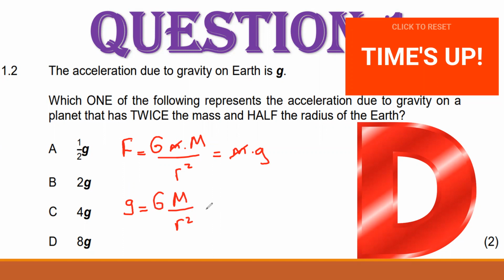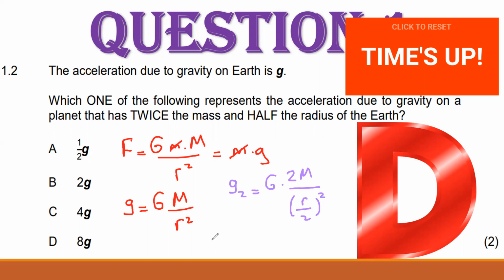So now you are making double mass, twice mass. Okay, let's do that. Let's say g2 now. g2 equals G constant number times 2m over half radius, so (r over 2) squared we can write.